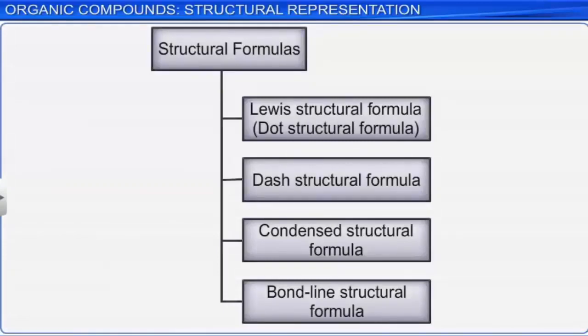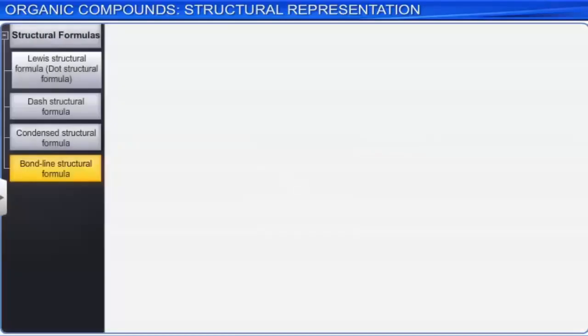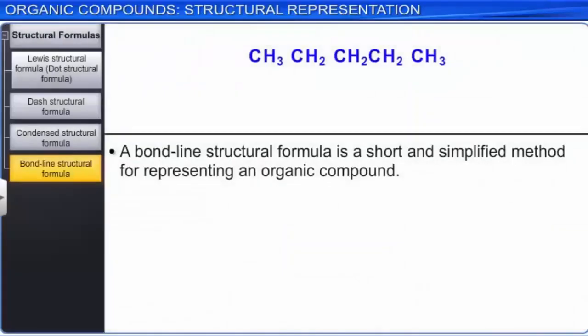Finally, let's look at the bond line structural formula. A bond line structural formula is a short and simplified method for representing an organic compound.